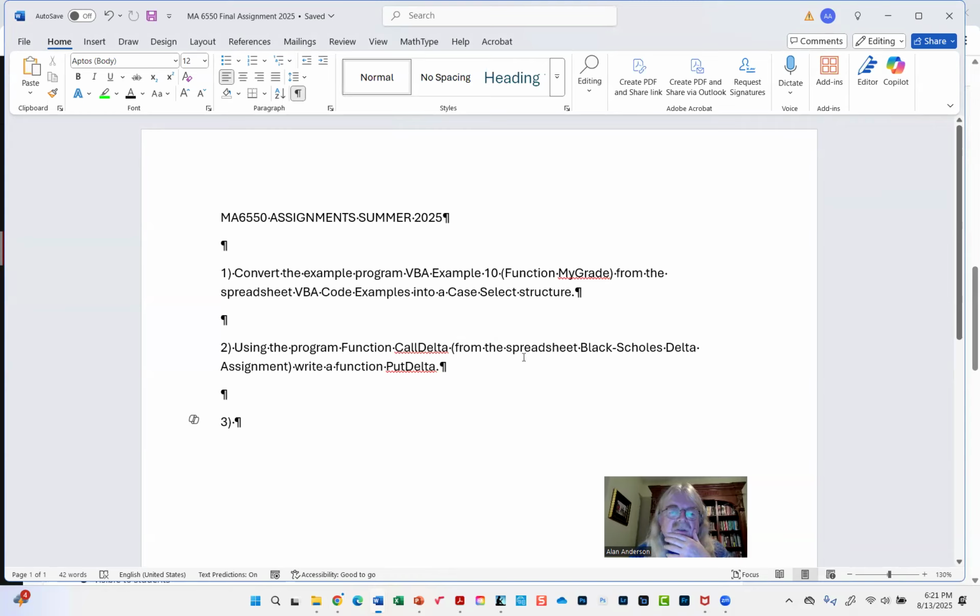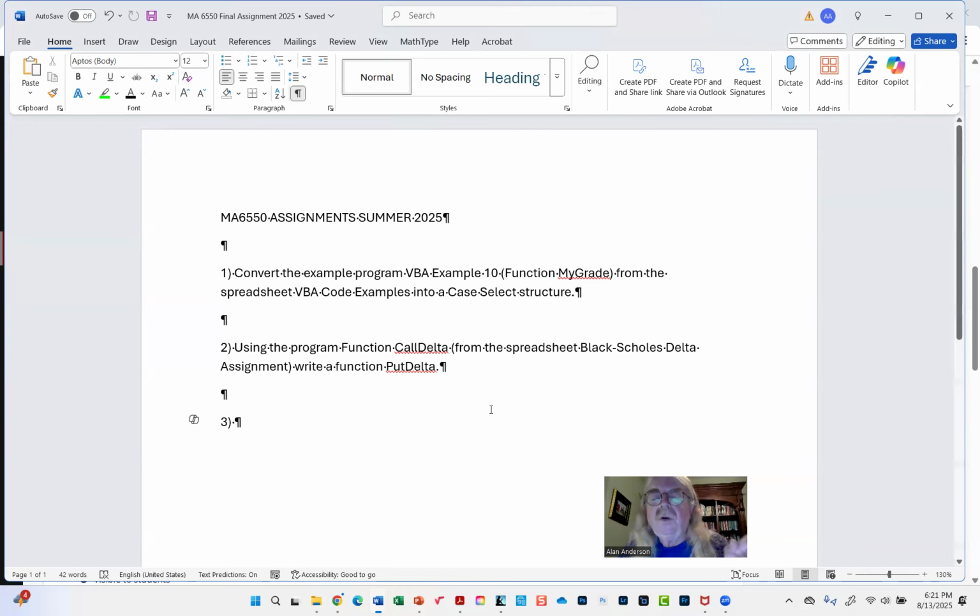From the spreadsheet Black Scholes delta, write a function called put delta. Create another module called put delta, and it's going to be almost the same as the call delta, but there are some important differences. Rewrite it and then run it on the same spreadsheet.